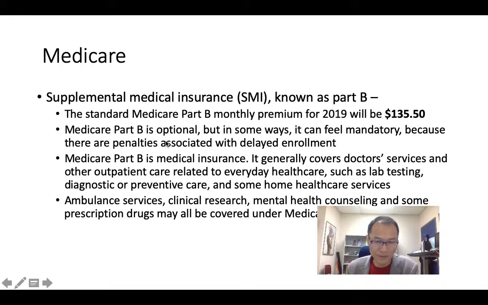Part A is free because you paid Medicare tax already. So this one requires a premium. In 2019, the premium for everybody is $135. It's optional, but it can feel mandatory because there are penalties if you don't enroll in the coverage on time.